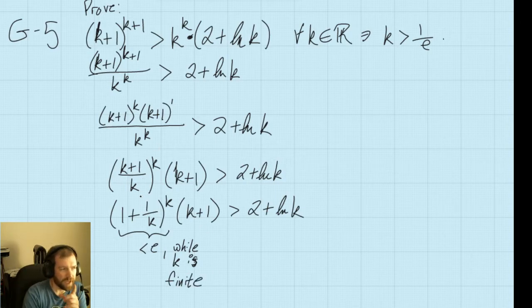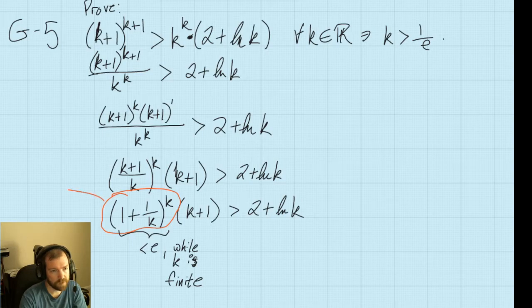I noticed that we had the definition for e here: (1 plus 1 over k)^k if you take the limit. So if we take the limit as k goes to infinity of (1 plus 1 over k)^k, this is equal to e.